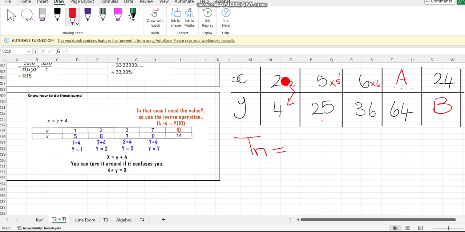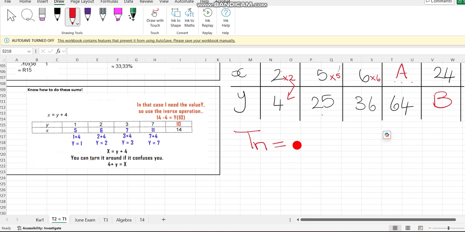Now, we said here you multiply the term number with itself. So if you're going to write it there, it's going to be something like term number multiplied by the term number. And in English and Afrikaans, it stays the same, right?